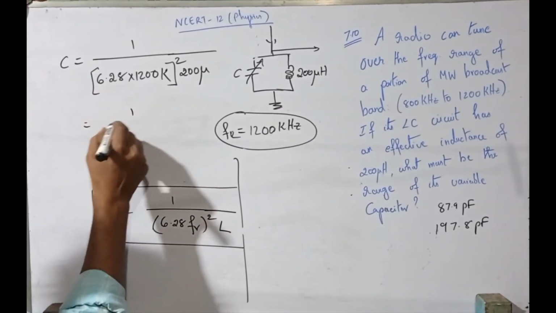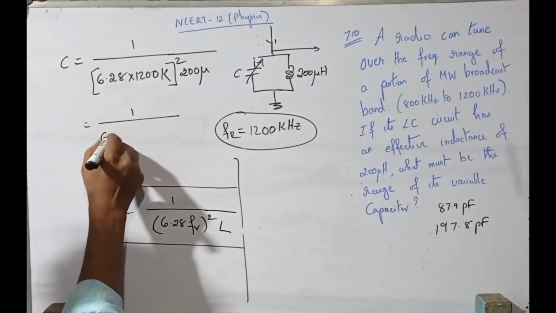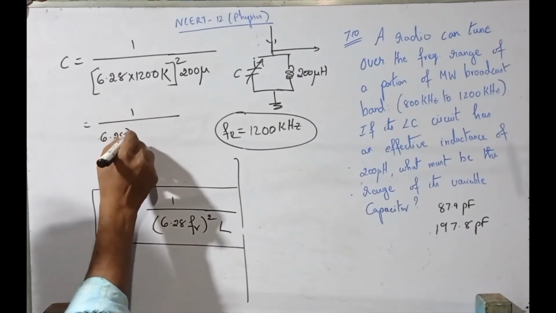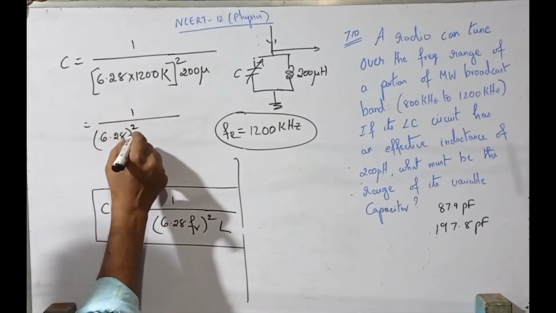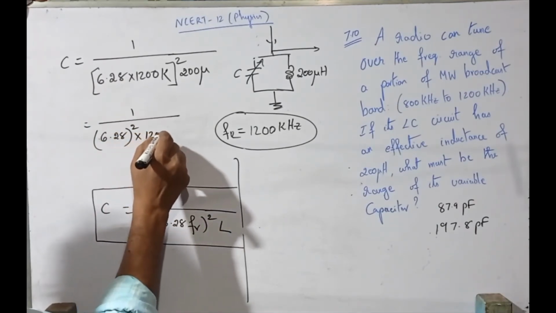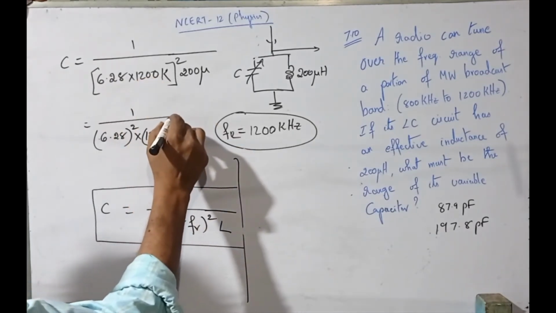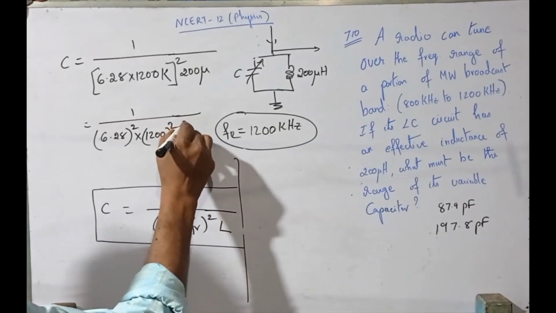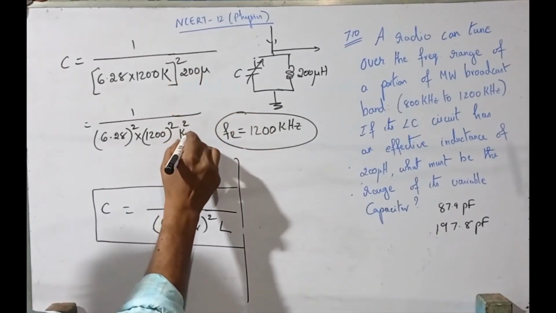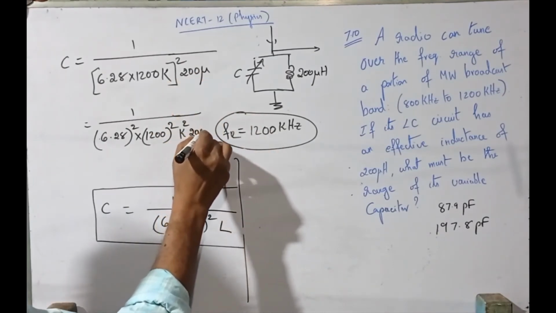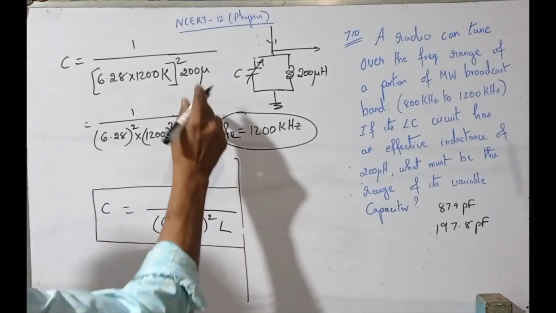That is 1 divided by 6.28 the whole square into 1200 the whole square, then k square, then 200 micro, that is 200 into micro.